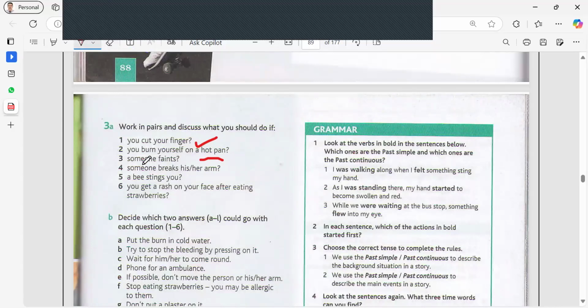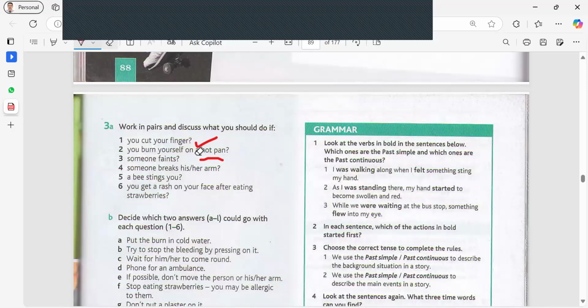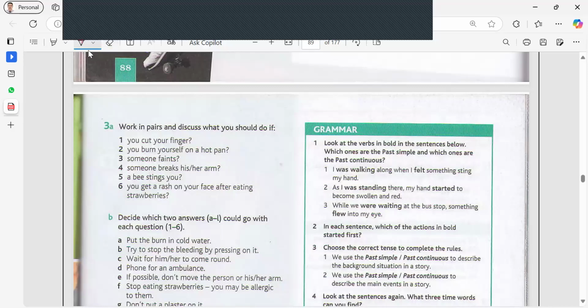What's a pan? A pan is a container for cooking food. You need a huge pan or a small pan to cook food. You can, for example, cook an egg.